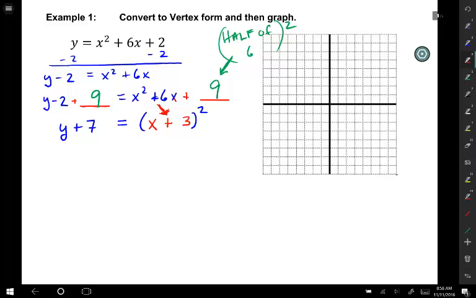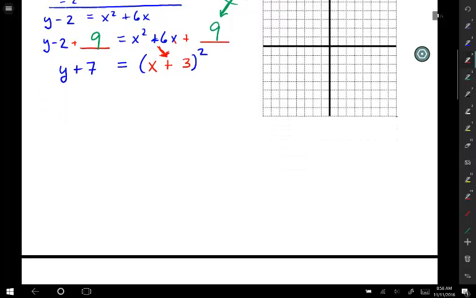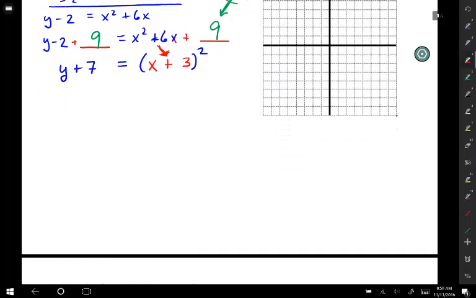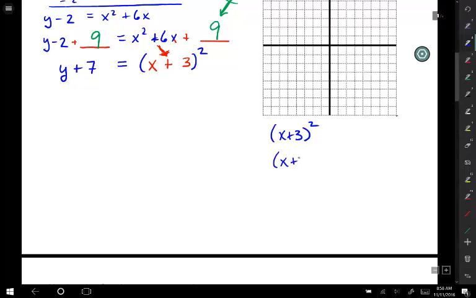What about the 6x? Let me kind of go to the side, and I'm going to explain where this comes from. I want to go back to Algebra 1. x plus 3 squared. Now this is back in Algebra 1. That meant x plus 3 times x plus 3. Right?